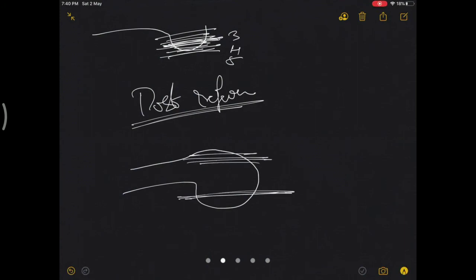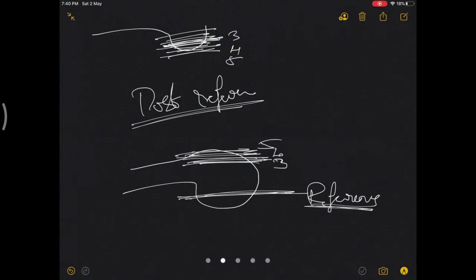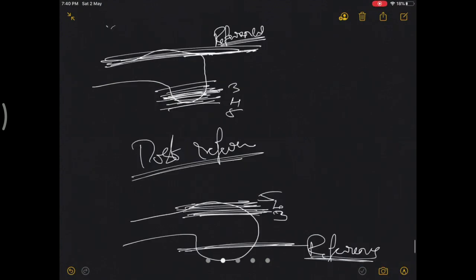We keep this as the reference, and we change the anterior. So this is size 3, this is 4, this is 5. It is like that. Okay. So which cut among the anterior and posterior is taken as reference is the basis for anterior and posterior referencing.